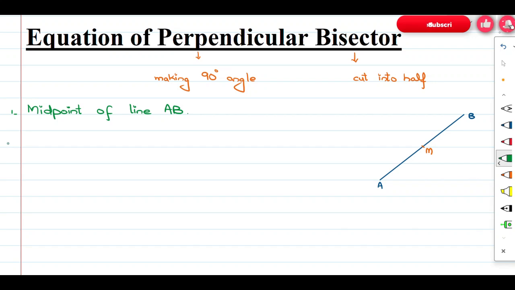After getting the midpoint of the line AB, the second step is to figure out the gradient of AB. Gradient of line AB.